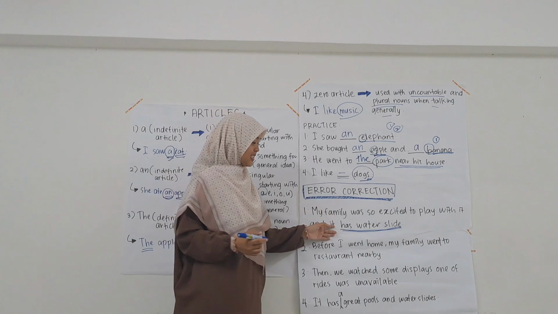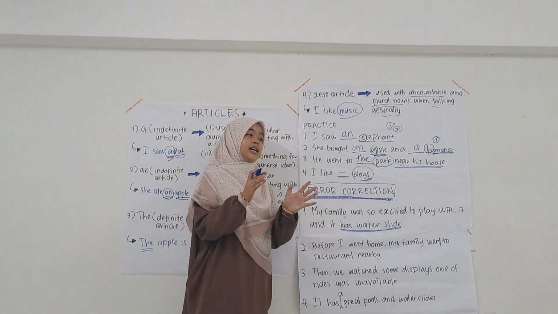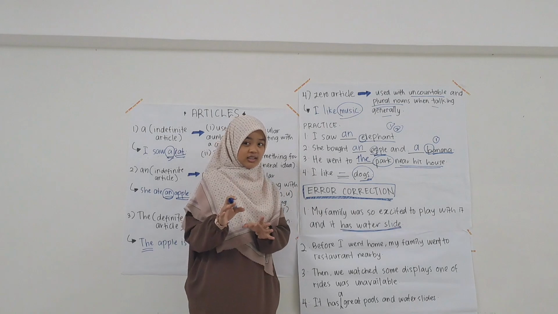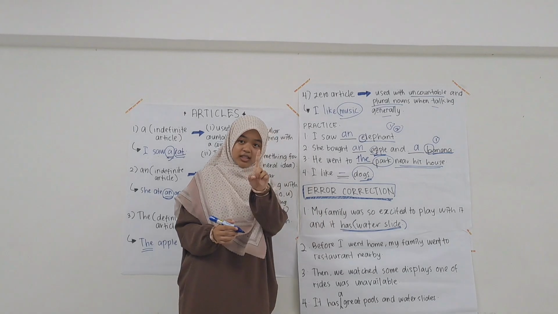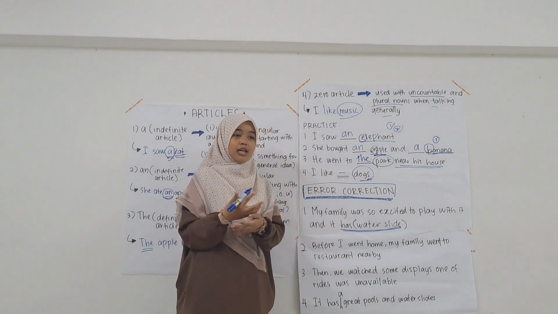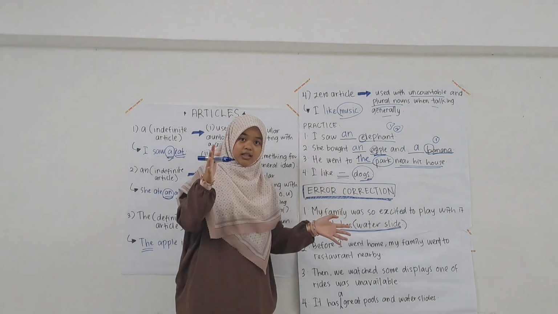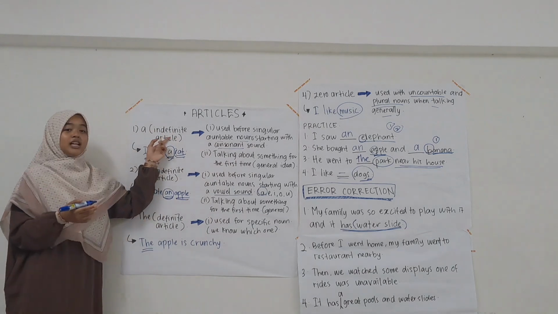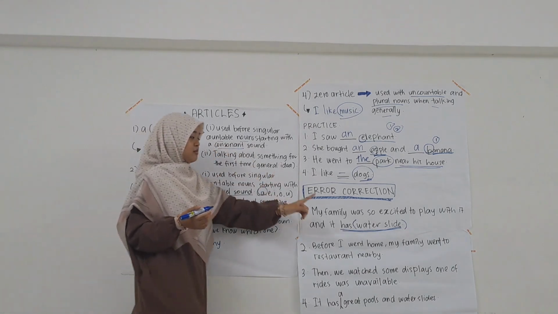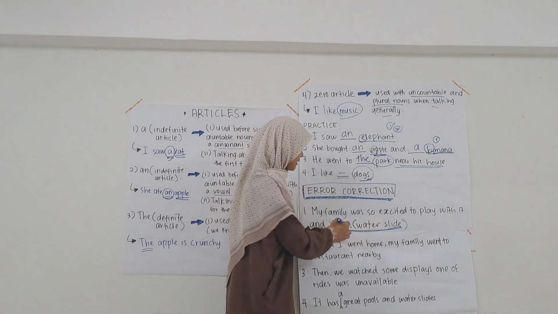So in this sentence, you are talking about a countable noun, which is what is like, and there's only one of it, and it's general. Okay, it can be any kind of what is like at the theme park, right? So you have to put an indefinite article before the noun what is like.